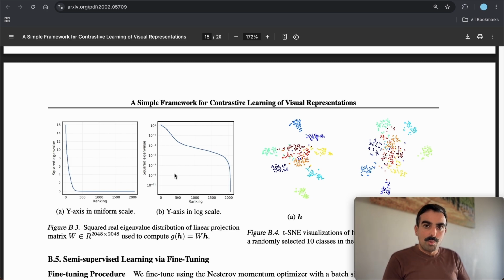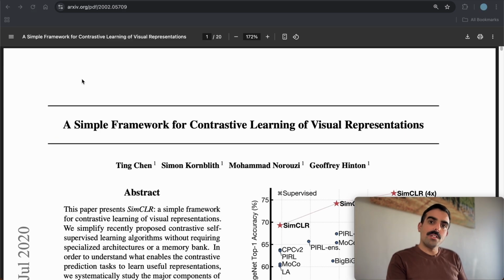And this projection head, as we will see in the next papers, becomes a cornerstone in developing self-supervised architectures. From SimCLR all the way to DINOv2, they are all using projection heads in different ways. So this is about SimCLR, basically positive pairs and negative pairs, comparing the contrastive loss after the projection head.